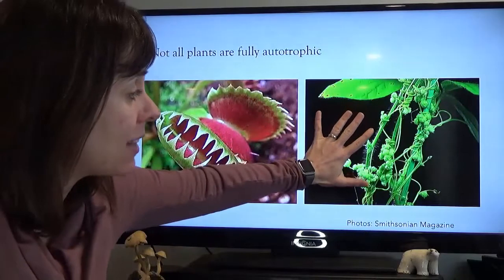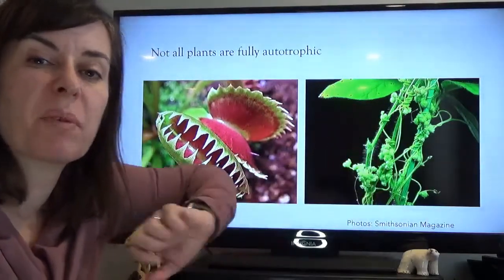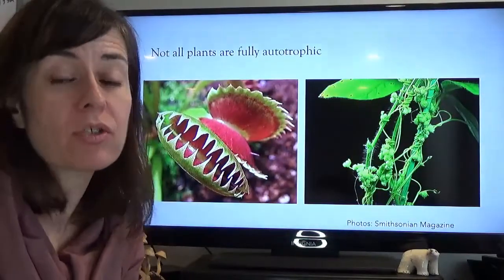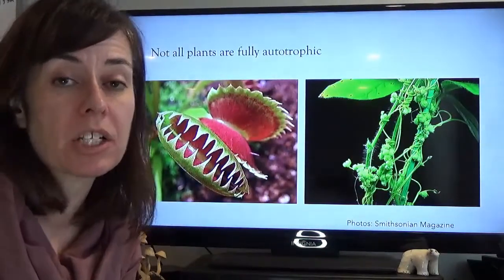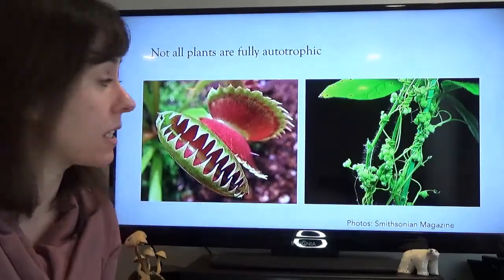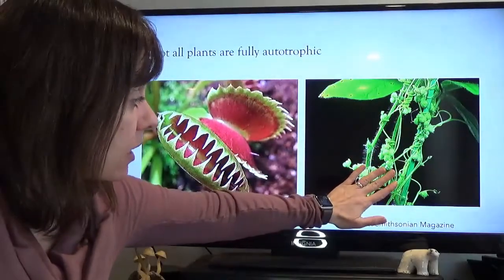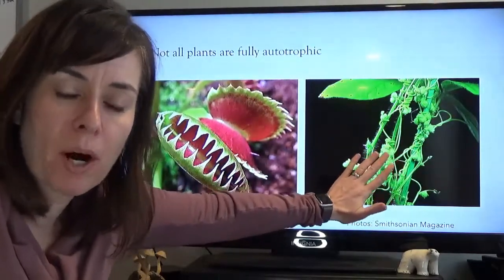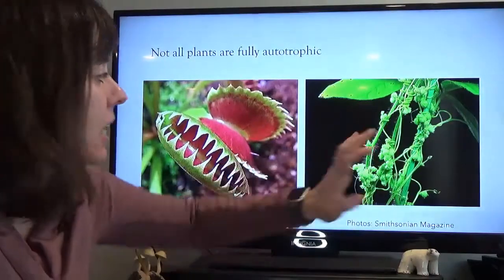And then the other one is parasitism. So there are lots of plants that have mostly or entirely dropped the ability to photosynthesize, and rely entirely on resources from other plants. And so this is a Cuscuta, or dodder. Dr. Mihai Costia in my department, and our department studies these extensively.